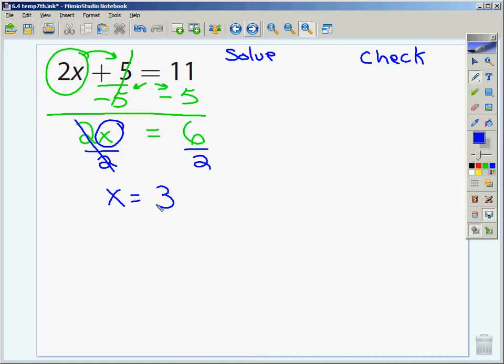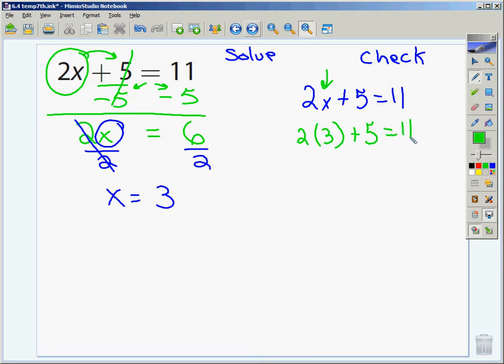If I check my work, I go back to my original equation. What can I put in place of x? 3. So I take 2 times 3 plus 5 equals 11.